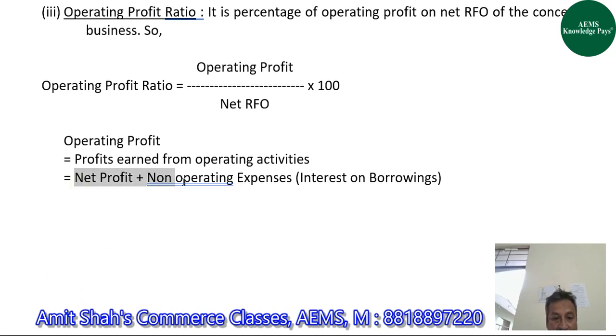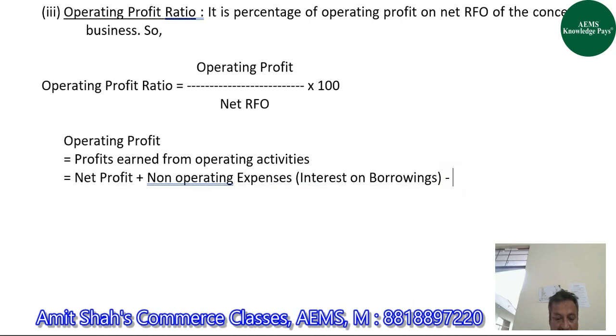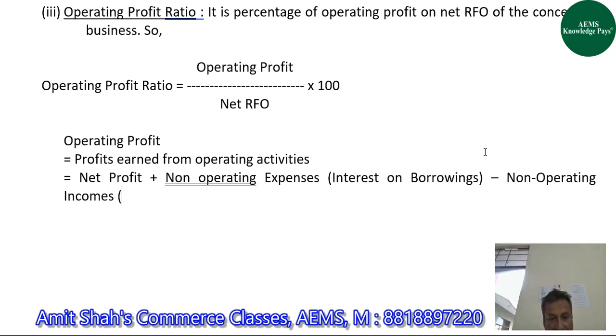And how do we calculate it? We add to net profit this. From net profit, we subtract non-operating incomes. And non-operating incomes are rent, interest, and dividend. These are our non-operating incomes.